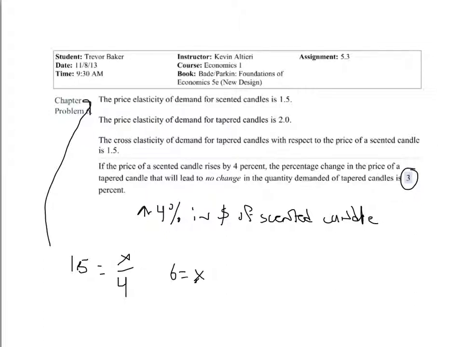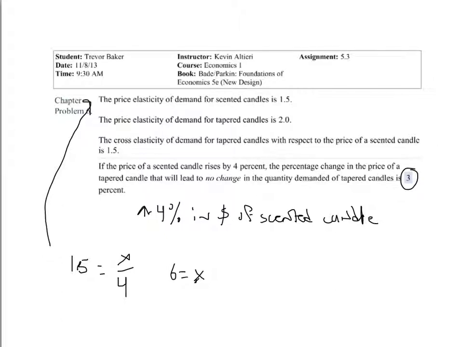We could also have decided that because the cross elasticity of demand for tapered candles with respect to the price of a scented candle is 1.5, then that 4% change in price of a scented candle must lead to a 6% change in the quantity demanded of a tapered candle, right?